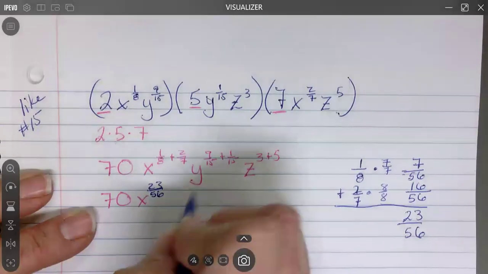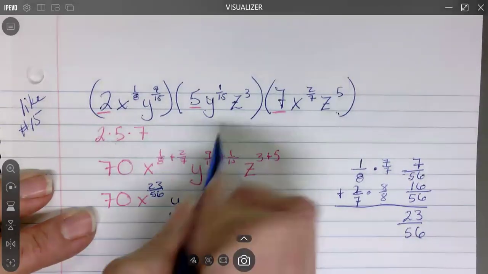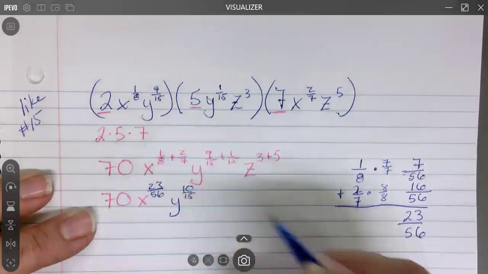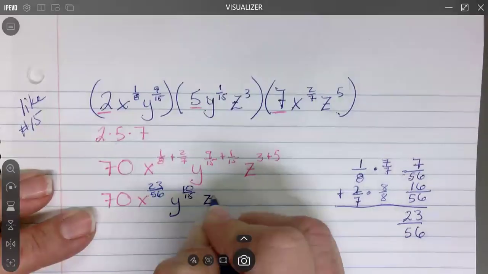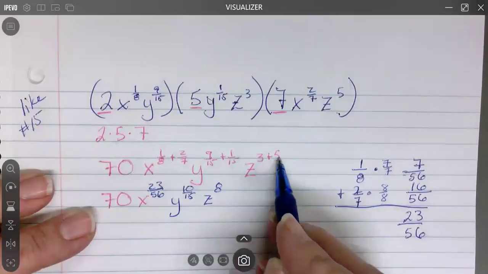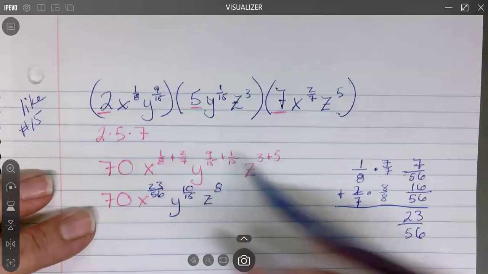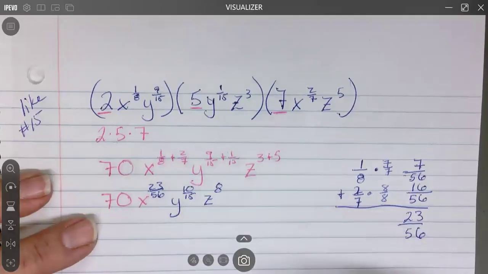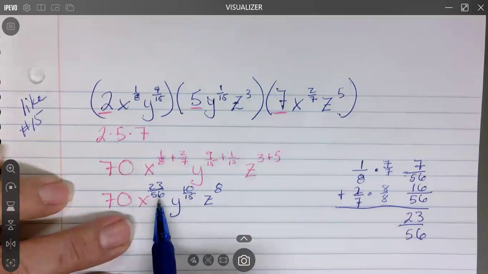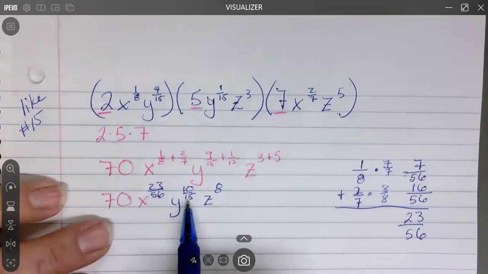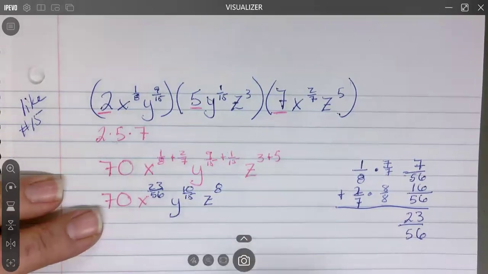Then we have y to the 10/15 and then z to the 8th, right? Because 3 plus 5 is 8, 9 15ths plus 1 15th is 10 15ths. We checked 23 over 56, we cannot reduce. 10 over 15, can we reduce?